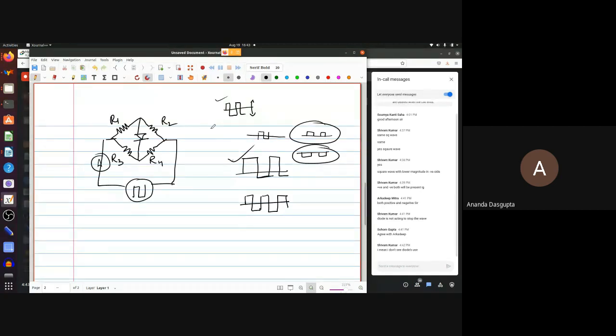Arkadeep, let's follow up on your answer, which is similar. You're saying both positive and negative, but different depending on what? Depending on whether the Wheatstone bridge is in balanced condition. Okay, fine. If it's in balanced condition, it's going to be symmetric. We agree.